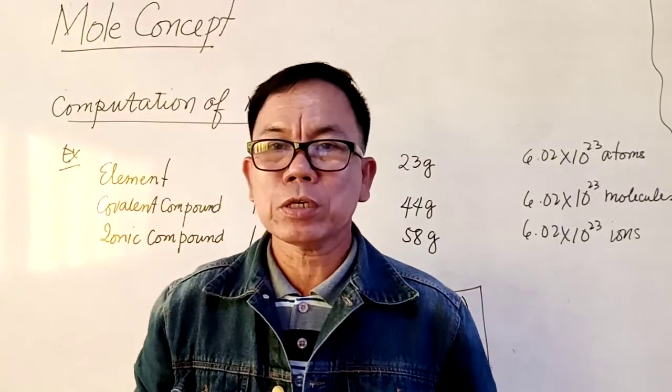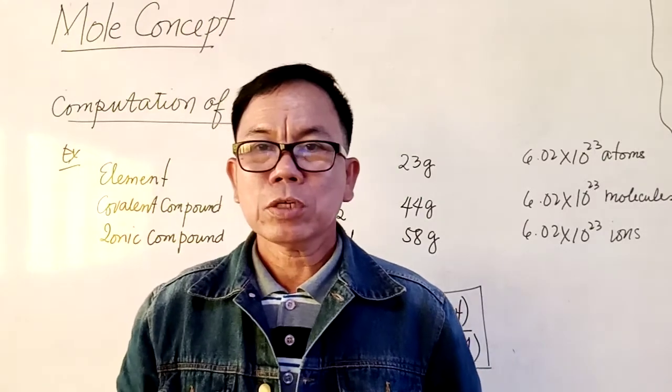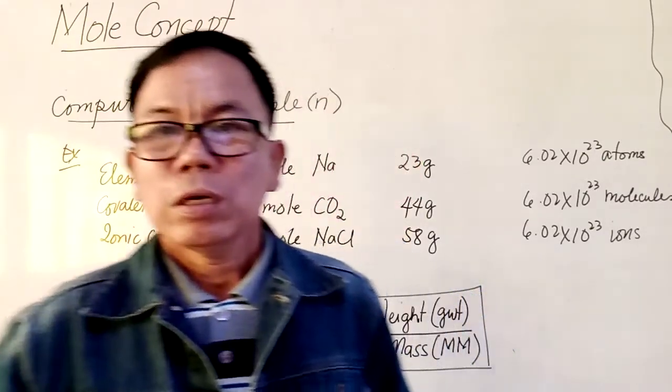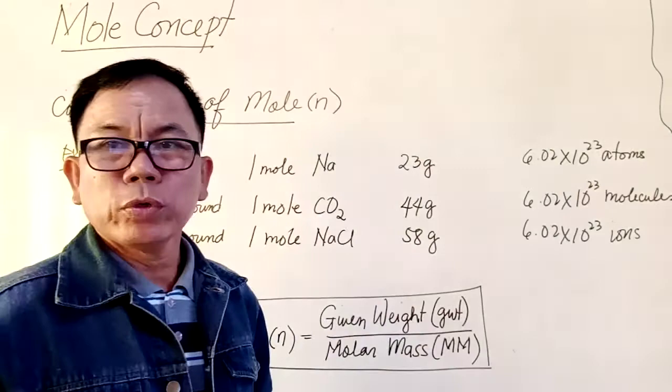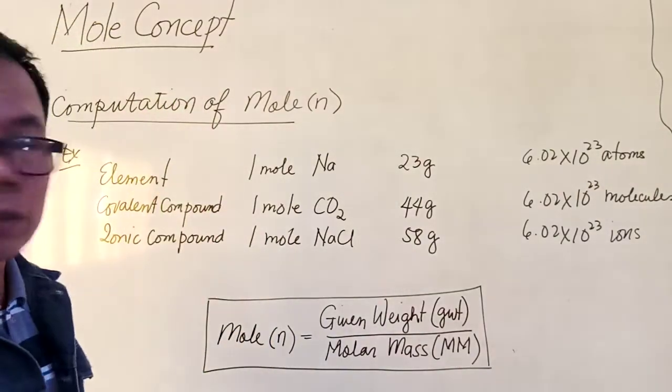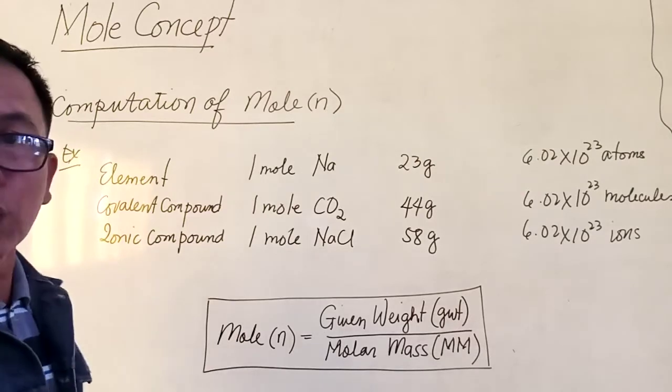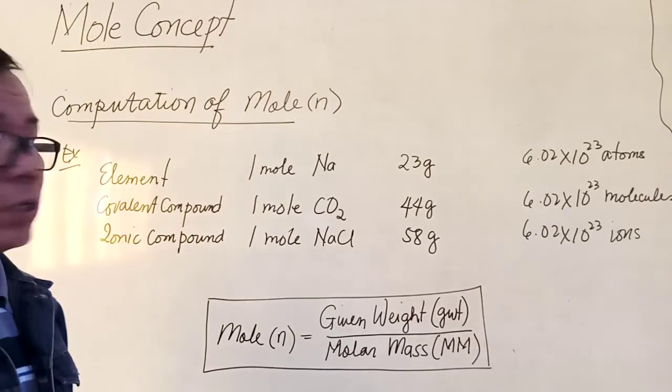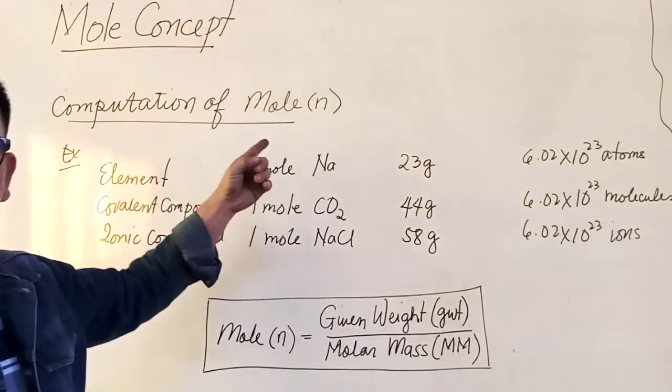This is Teacher Cesar of the Serpods channel, and I would like to continue with our lecture on the mole concept. Today we are going to discuss the computation of the number of mole.